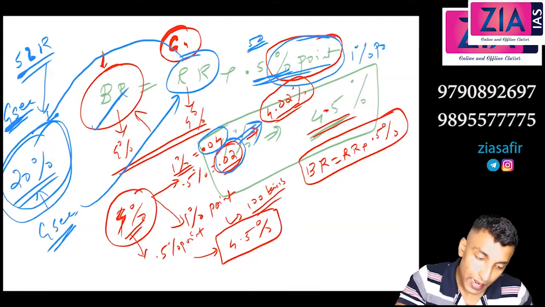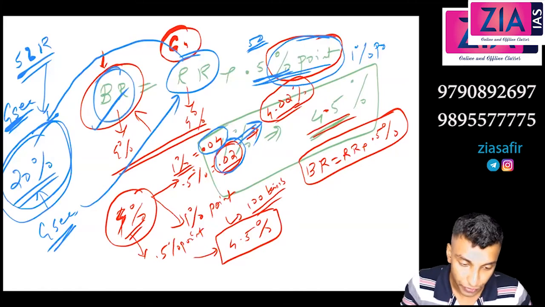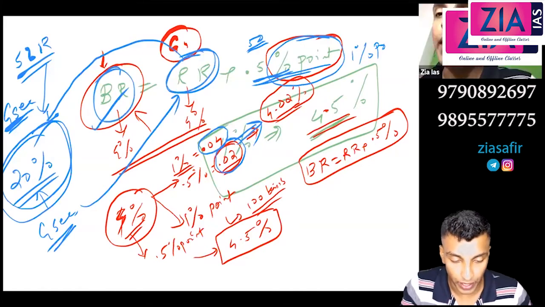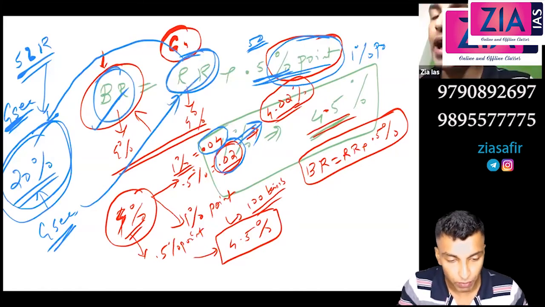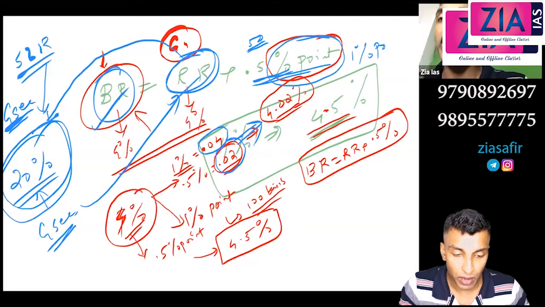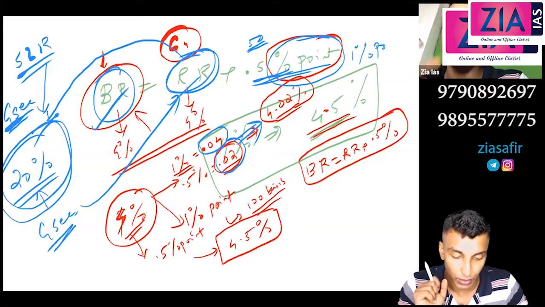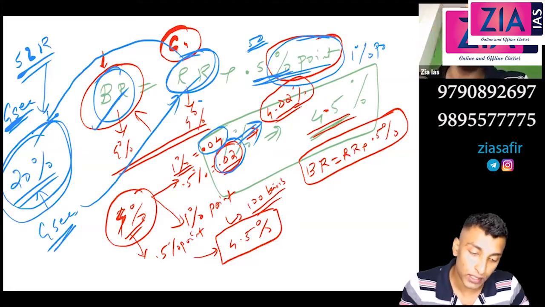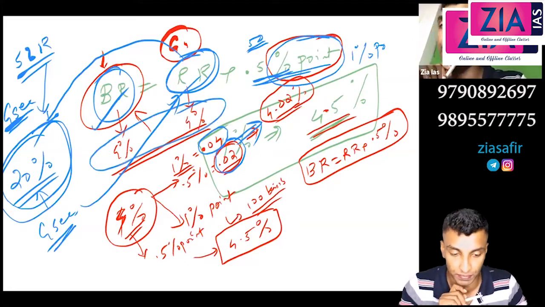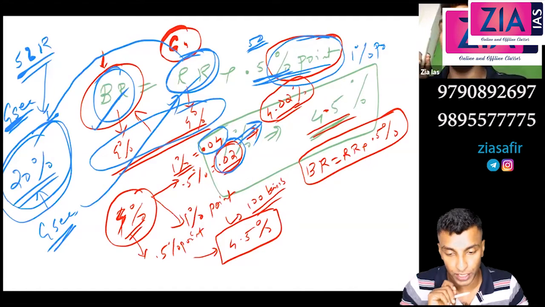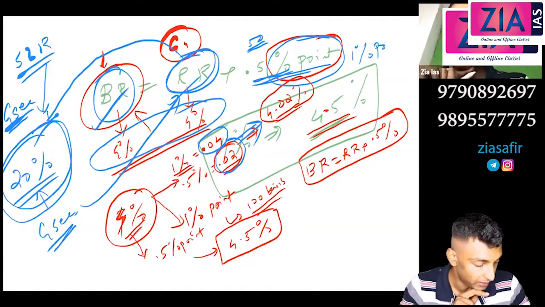Just because bank rate and repo rate are different, banks borrow under repo rate. If both were the same, banks would not borrow under repo rate, because why would you pledge your government securities and compromise your SLR requirements? You could pledge the first class security if both were equal. That is the logic for why they have different interest rates. You need to pay 0.5 percentage point extra for bank rate. Okay.